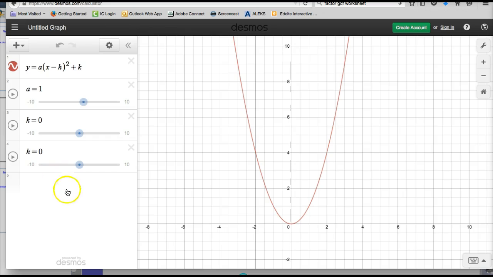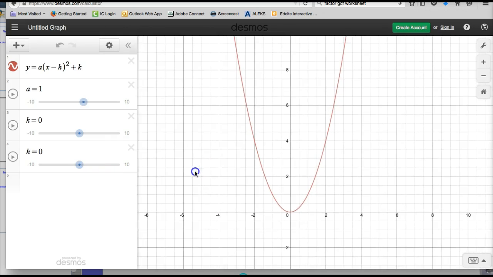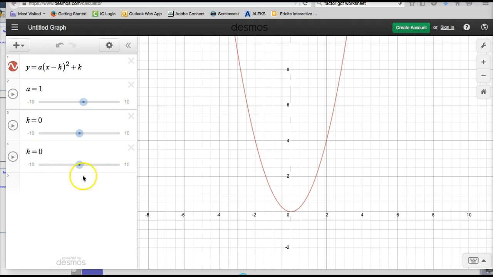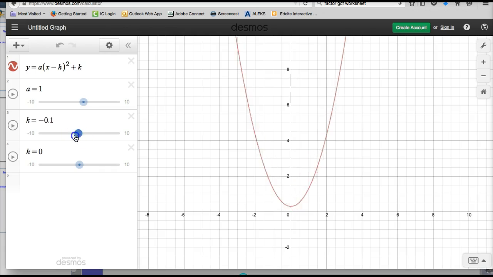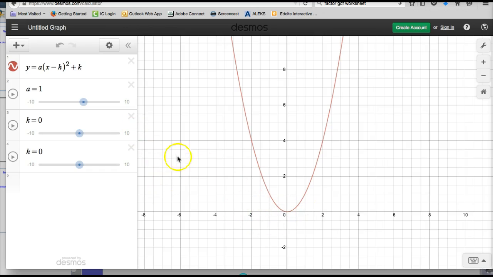Now h is a little bit more difficult to understand, but we're going to look at it. So h, we know this is going to move it back and forth, left and right. So in order to look at h, we're going to stay on the x-axis, just like when we were looking at k, we stayed on the y-axis just to look at it, because that's going to make everything easier. It's going to make everything easier because that means k has to be 0. We know that k moves it up and down. So if we want to stay on the x-axis, k has to be 0.